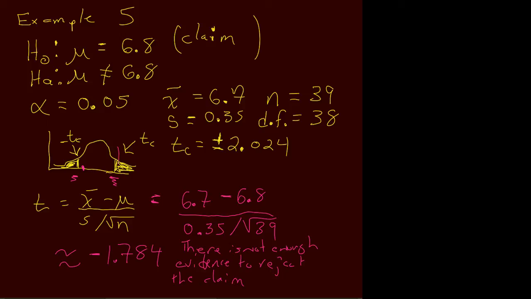Because this critical value line, be it a t or a z critical value, will be the same for my level of significance, whatever the claimed value is. And so I can drop those lines down, and then I can find out if my t-score falls within those regions or not. It's a consistent way of doing it, and that's how the book works it out.